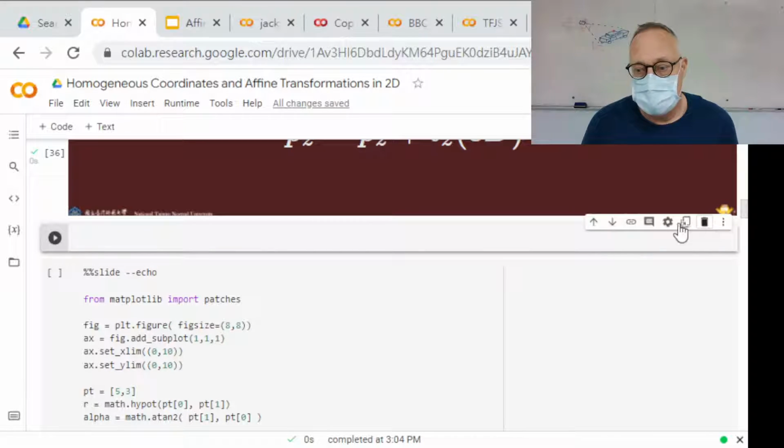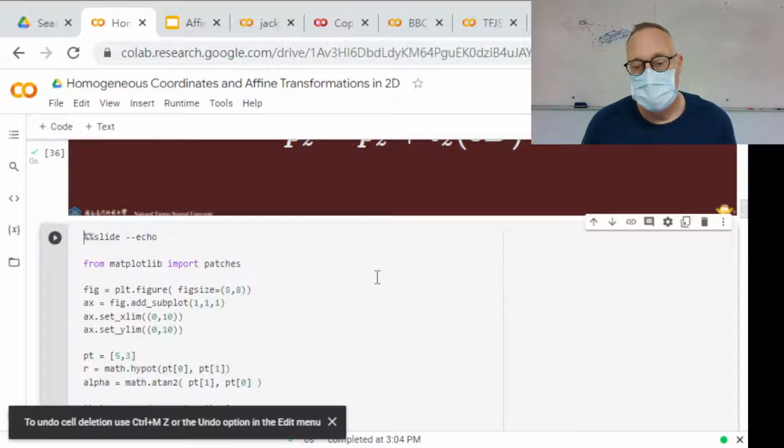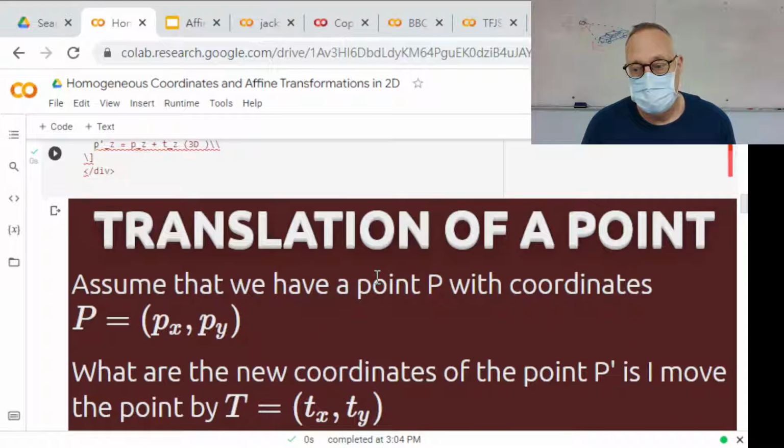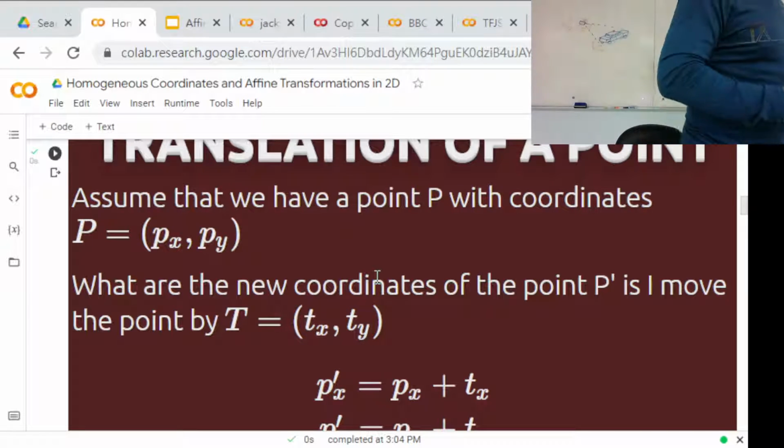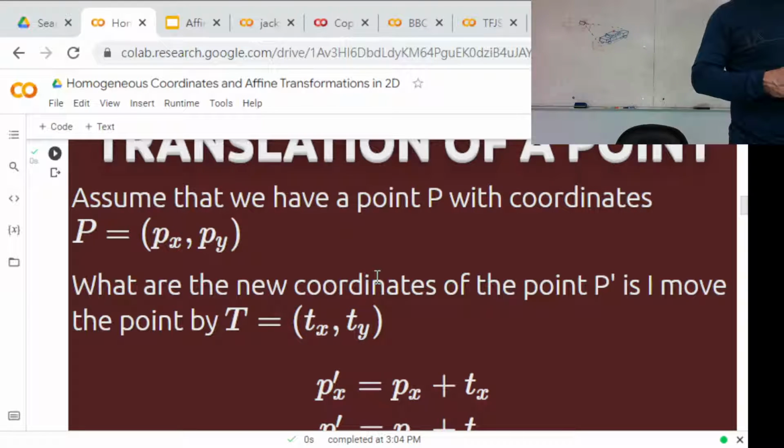So translation is one possibility for how points move when either objects move in the world or if the camera moves. Right now we're mostly interested in the camera moving because our robot is moving around and the camera is attached to the robot.